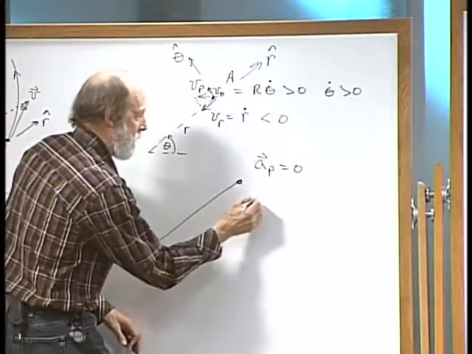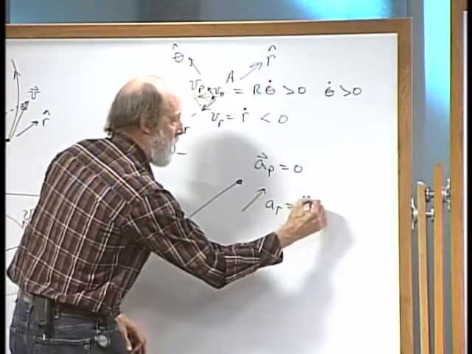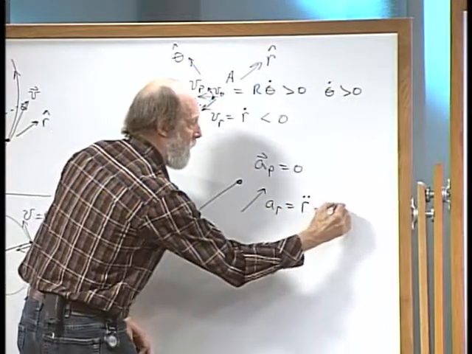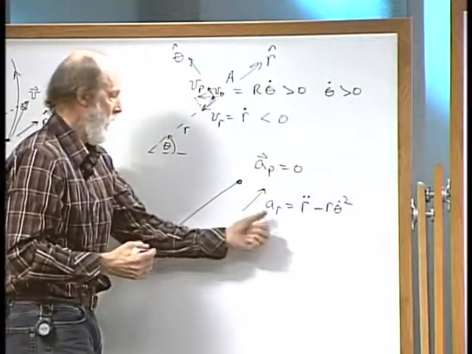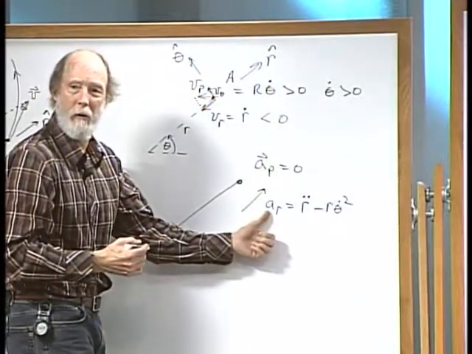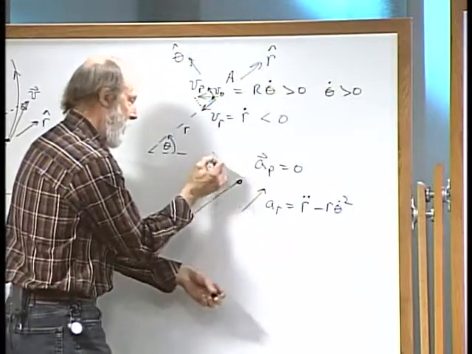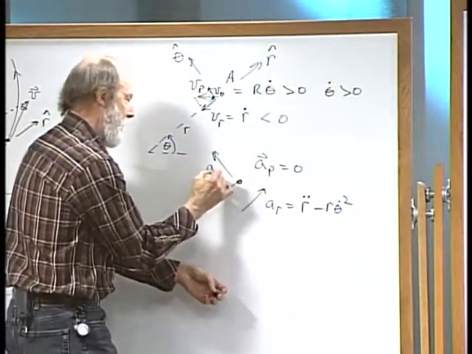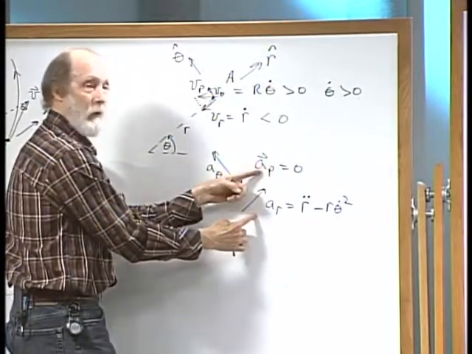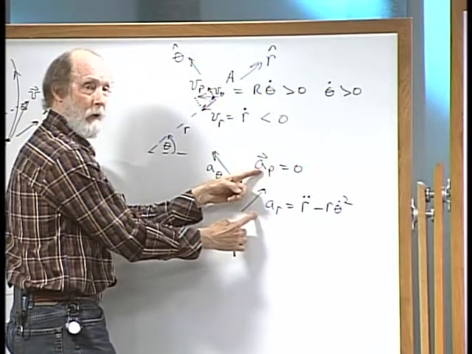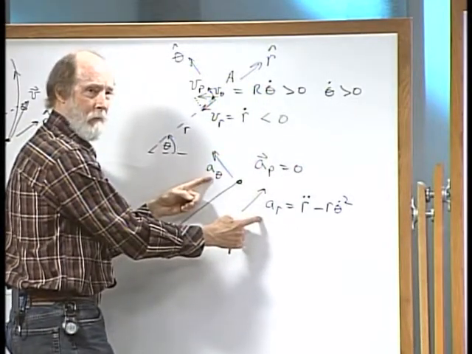For our radial acceleration term, it's made up of r double dot minus r theta dot squared. That term must be equal to 0 because the theta-directed acceleration term this way is perpendicular to that one. And so if your overall acceleration of that particle is 0, then each of these orthogonal terms must be 0.